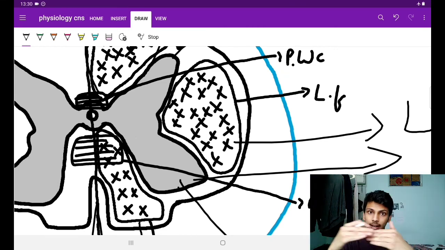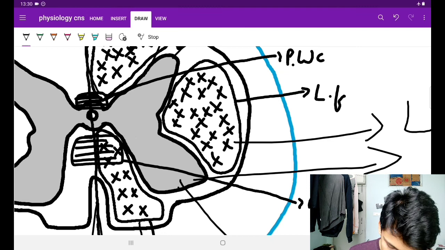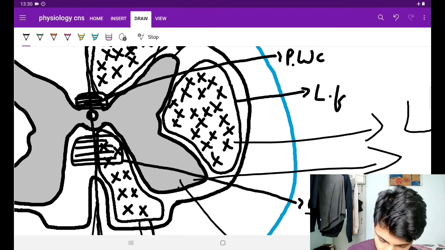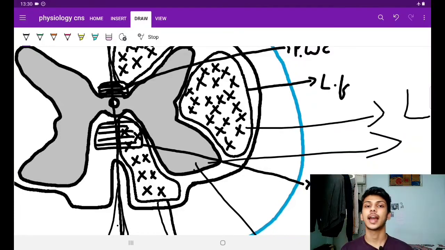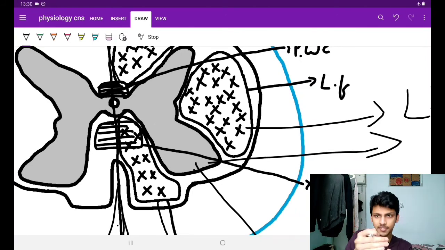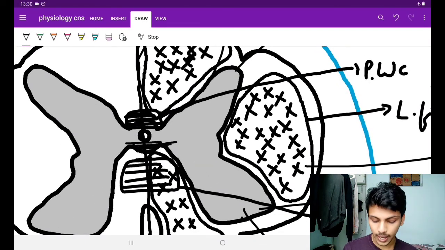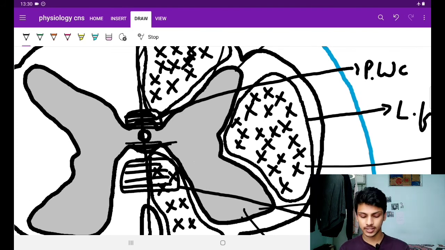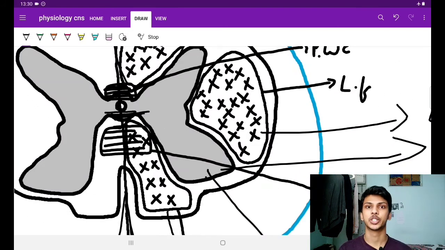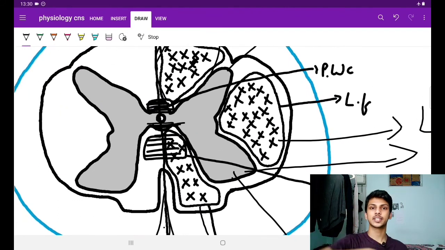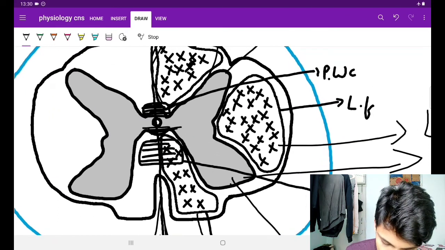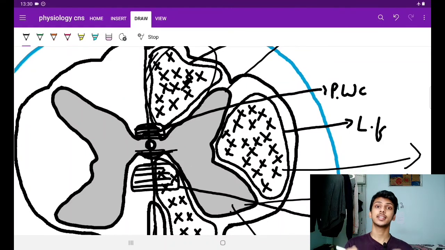So there is something which is connecting both sides, that is the anterior white commissure, just in front of the gray commissure. We call this the gray commissure because it connects the two sides of the gray matter. So anterior to the anterior gray commissure, there is the anterior white commissure. Anterior white commissure is basically nerve fibers connecting both sides. Similarly, there is the posterior white commissure. According to some references, it is in the gray matter itself. The nerve fibers are going from one side to another through the commissures.